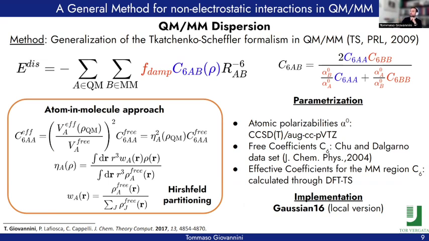You can do an approach also for dispersion. What we proposed was a generalization of the Tkatchenko-Scheffler approach in QM/MM, where you have the C6 coefficients that are defined in terms of homonuclear terms for the QM part and homonuclear terms for the MM part that are, of course, parameterized. And then this equation explicitly depends on the QM density, so it enters into the Hamiltonian and propagates to the molecular properties.